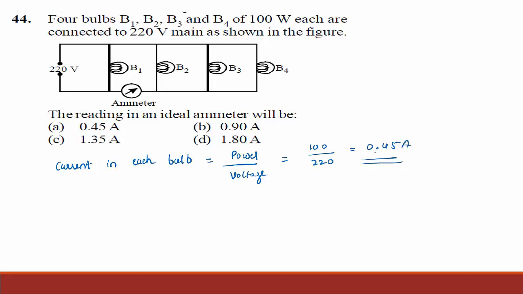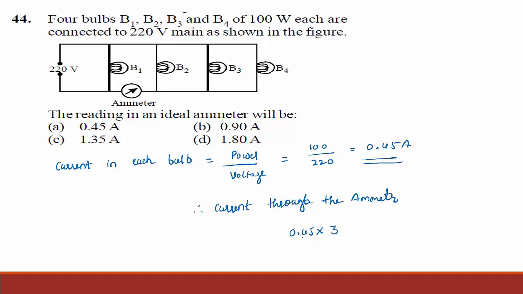Now this is for each bulb, but for the complete 4 bulbs, therefore the net current or the total current through the ammeter, we can write 0.45, current in each bulb, into 3, not into 4.